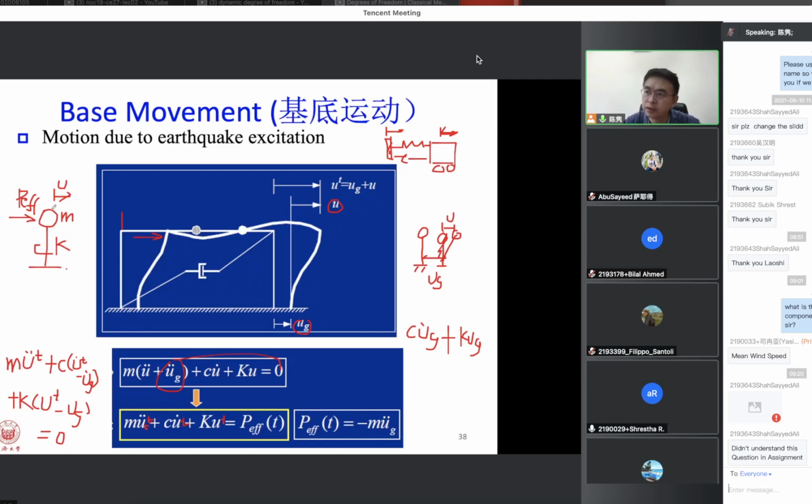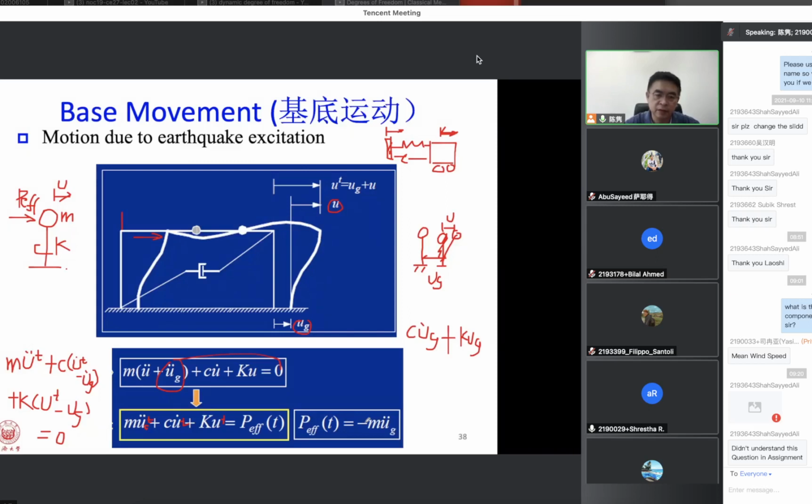I show this direction as the right, the positive direction, so I use P effective here, but when you calculate, you have a minus. In fact, this minus doesn't matter, because the earthquake force goes back and forth, and we usually consider the maximum U. It doesn't concern the direction, right or left. So this minus is not very important.